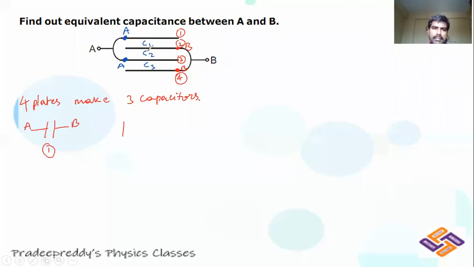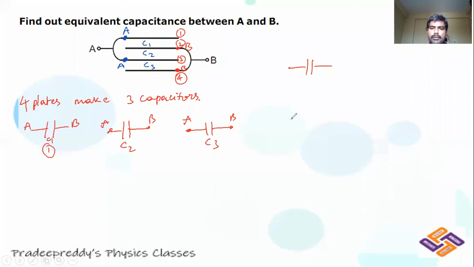Take the second capacitor, its capacitance is C2, and it is connected between what potentials? One is connected to A and the other to B. Coming to the third one, C3, one plate is at potential A, and another plate is at potential B, right? Now join all these individual capacitors.